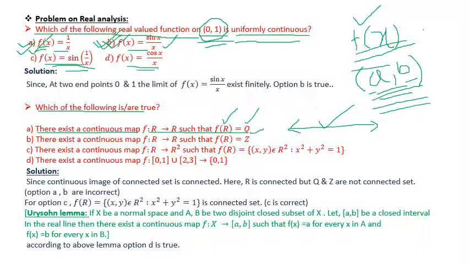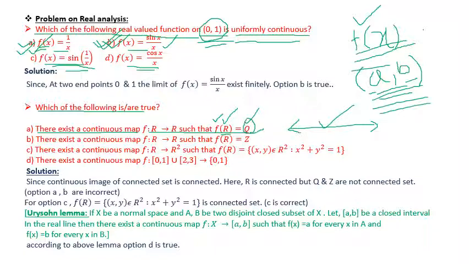As we know, the image of a connected set will be a connected set under a continuous mapping, right? So if the mapping is continuous and the set R is always connected, then f of R will be connected, but we know that Q is a disconnected set.